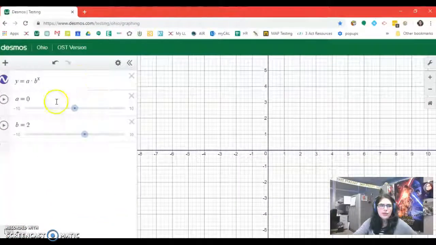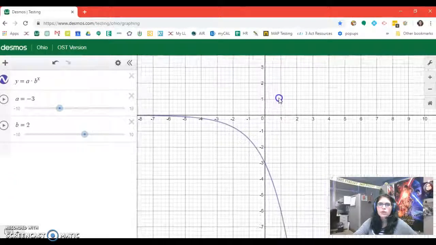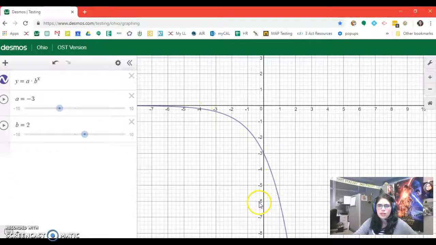And then what happens if a is negative? So when a is negative, notice that it sort of flipped the graph so that it's below the x-axis. So when a is negative and b is greater than 1, then you get this decreasing graph.